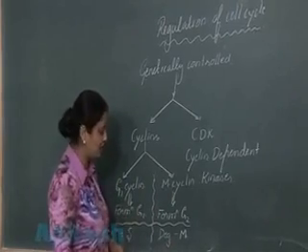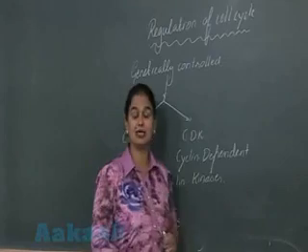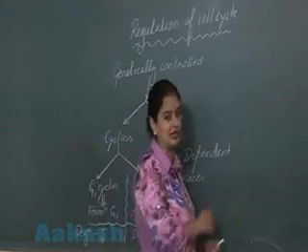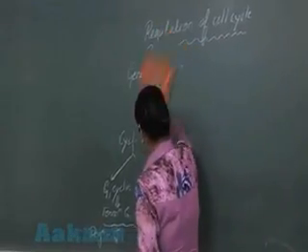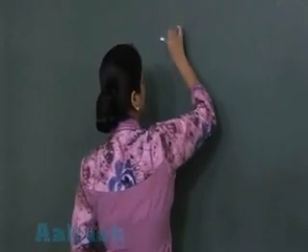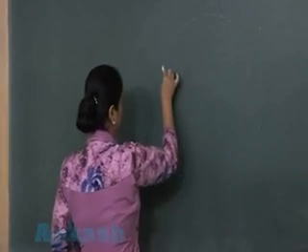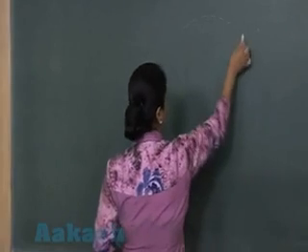So now here I have to discuss how the cyclin and CDK are involved in the conversion of one phase into another one. So I am making the diagrammatic view for cell cycle representing the different phases.